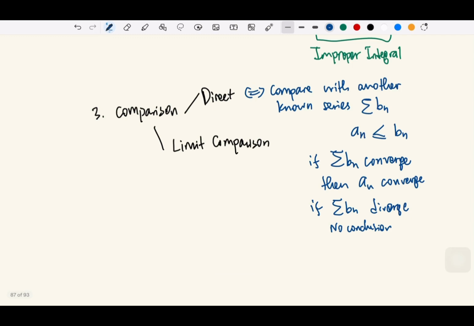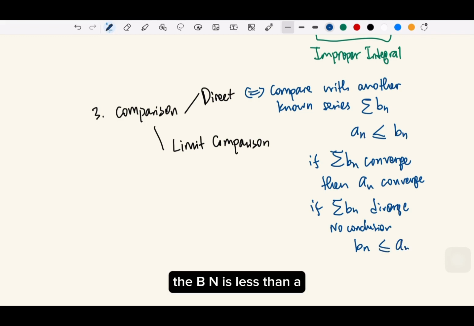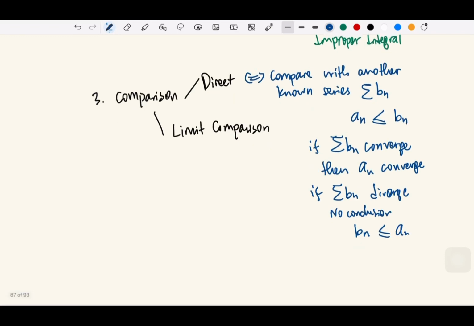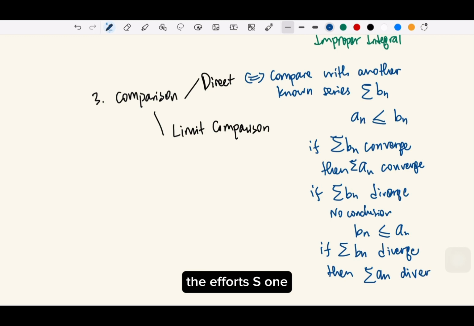But if the Bn is less than An, and if Bn diverge, for sure An diverge as well.